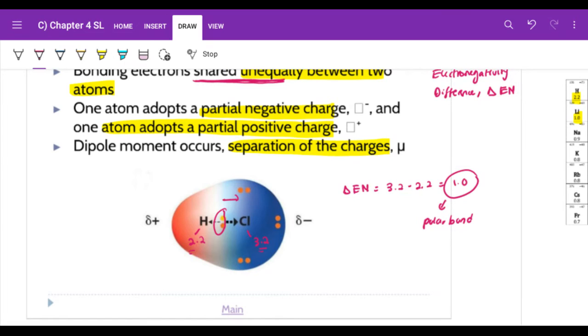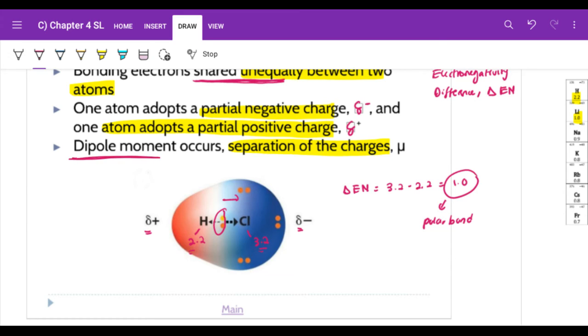The atom with higher electronegativity will become partial negative, and the less electronegative atom will become partial positive. And if the bond is a polar bond, at the same time, the dipole moment occurs.